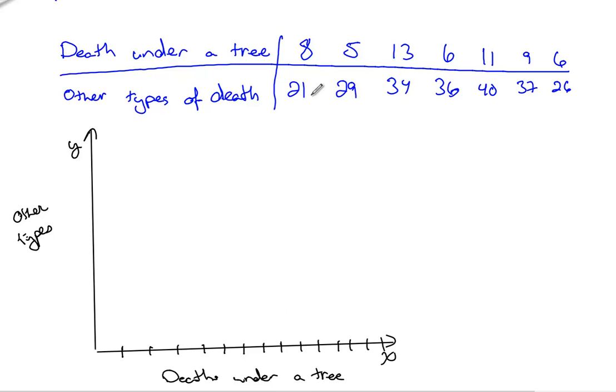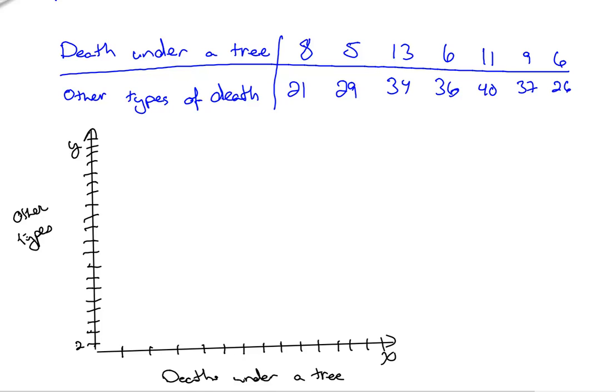Now then the other types of death, notice that we range from 21 up through 40. So I'm going to have to make my lines a little bit different. Okay, these should be counting by twos.